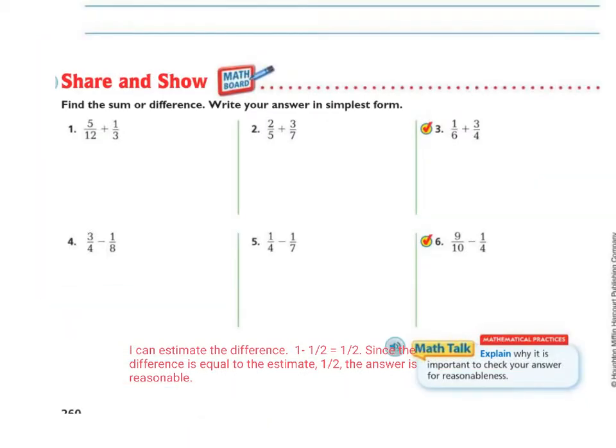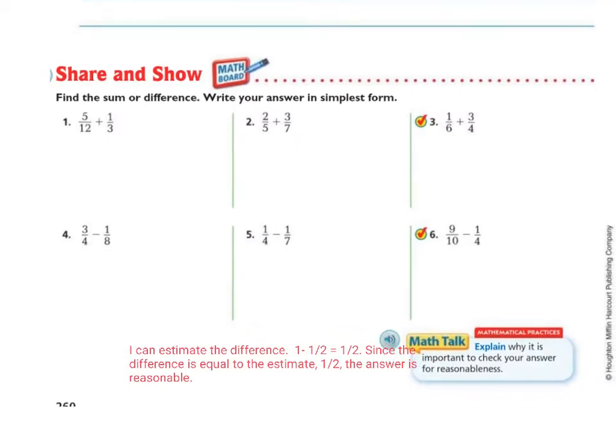All right, let's do some sample problems. I've got 5/12 and 1/3. Well, I know 3 can go into 12, so if I make 12 be my bottom number for both sides, then it should be pretty easy to do. So I'm going to keep 5/12, but I'm going to change 1/3. In order to make the 3 be a 12 on the bottom, I have to multiply it by 4. Whatever I do to the bottom, I do to the top. So 4 times 1 is 4, and 3 times 4 is 12.